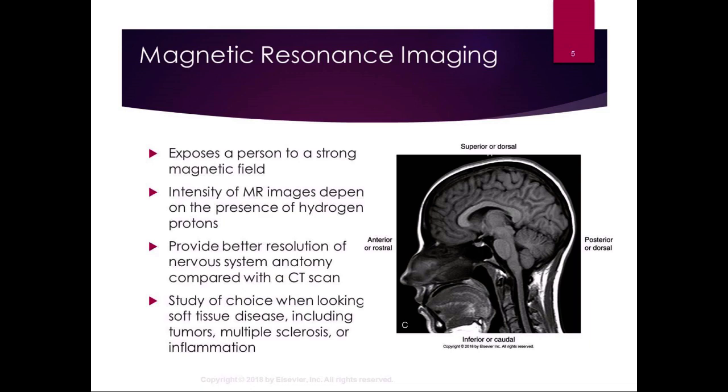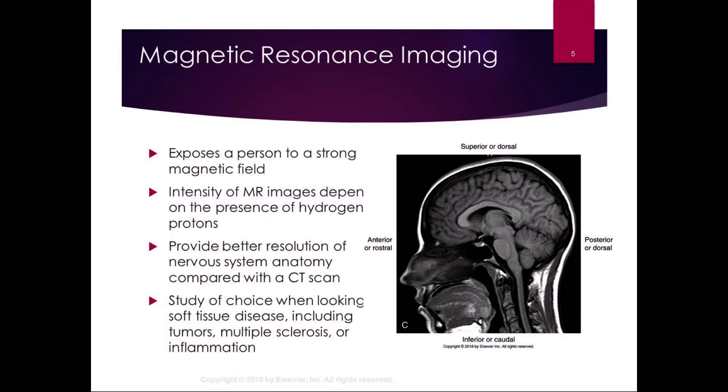The intensity of magnetic resonance images depends on the presence of hydrogen protons. So a lot of times you're seeing the presence of fluid or water, and water shows up dark on an MRI, except that with some of the different contrasts they use, it'll show up a little bit differently. But MRIs generally provide better resolution of nervous system anatomy compared with a CT scan.